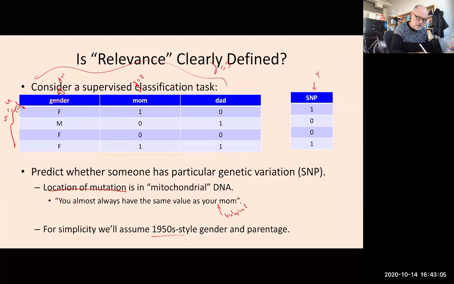So this is a female. Her mom has the genetic variation. Her dad does not. She has the SNP, the mutation. Mom has it, so on and so forth. Okay, great. Female, mom doesn't have it, doesn't have it.